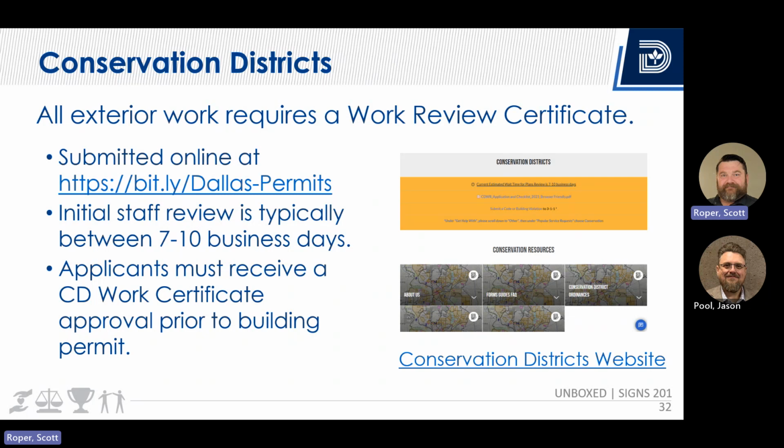There may be information such as the location on the lot, so they need a site plan or elevation drawings. Again, it's basically the same type of information that you would want to submit for your sign permit application.